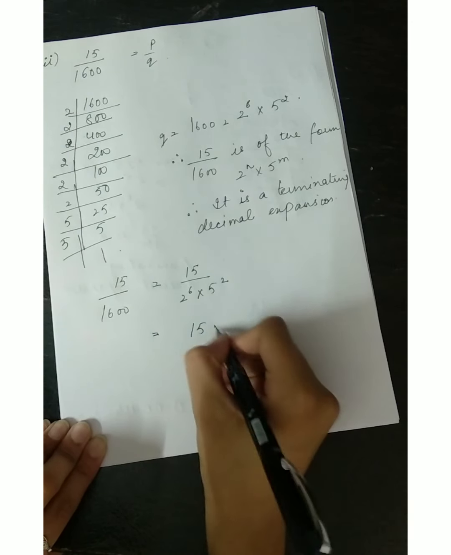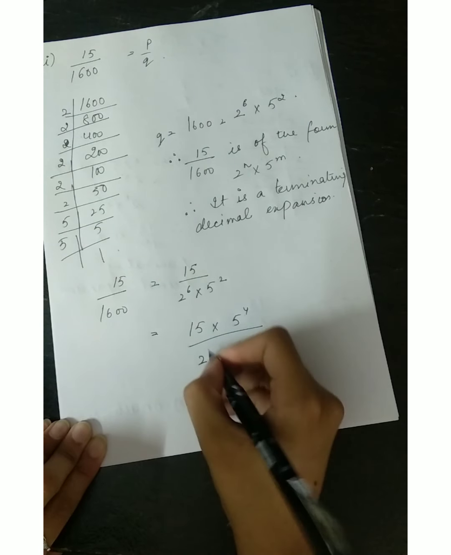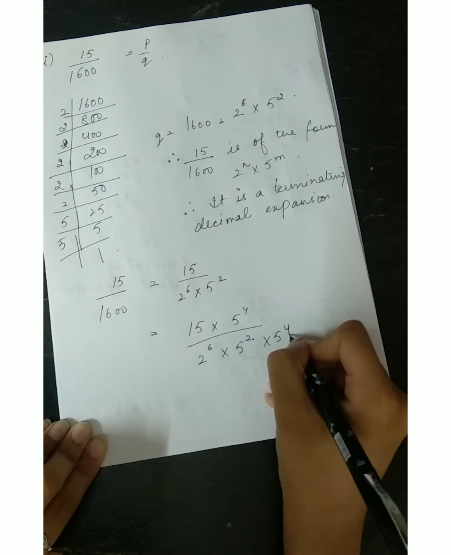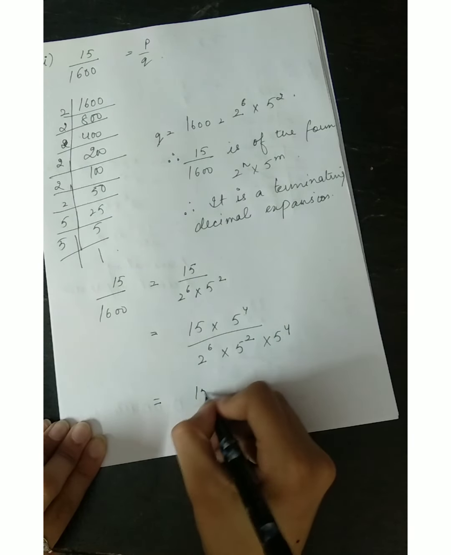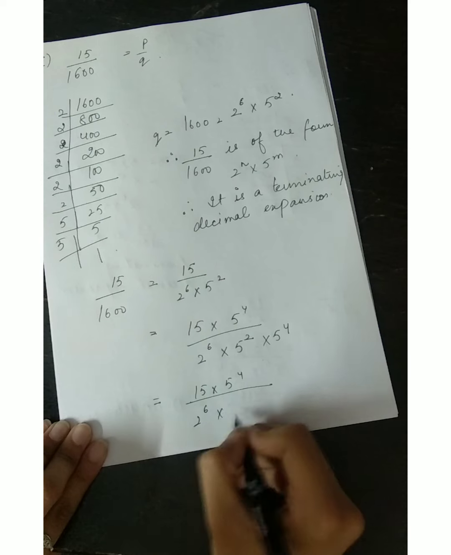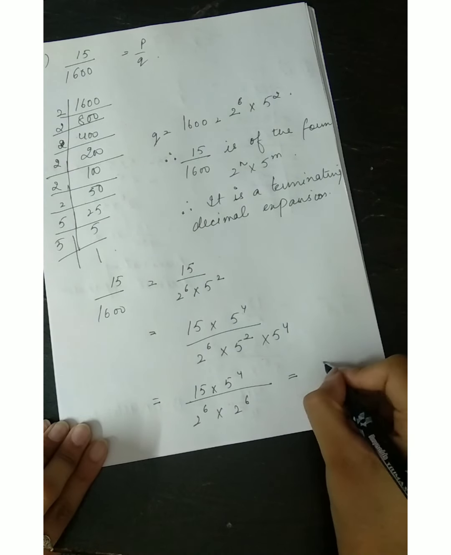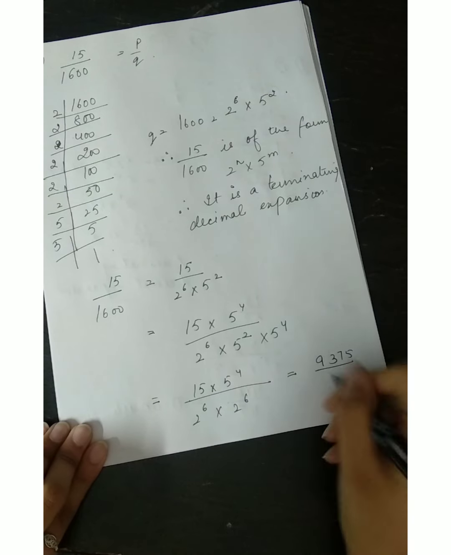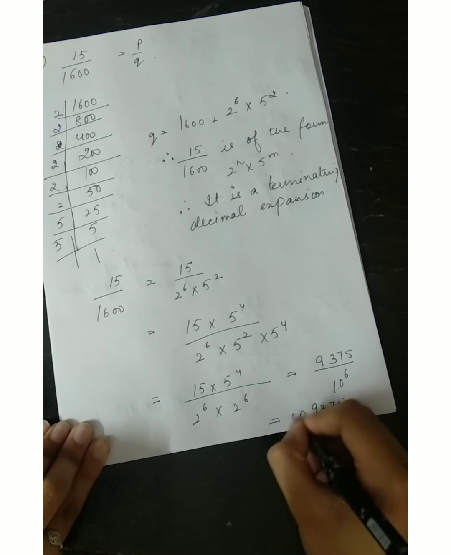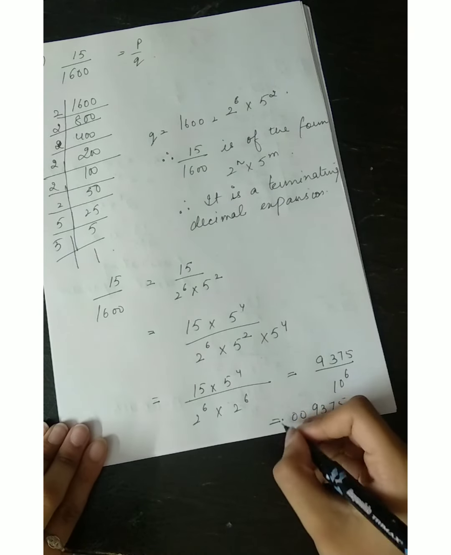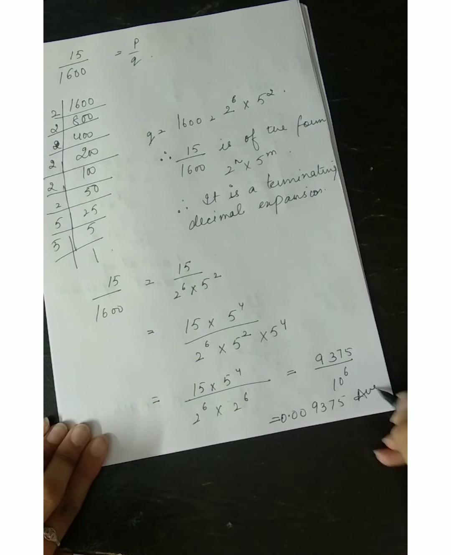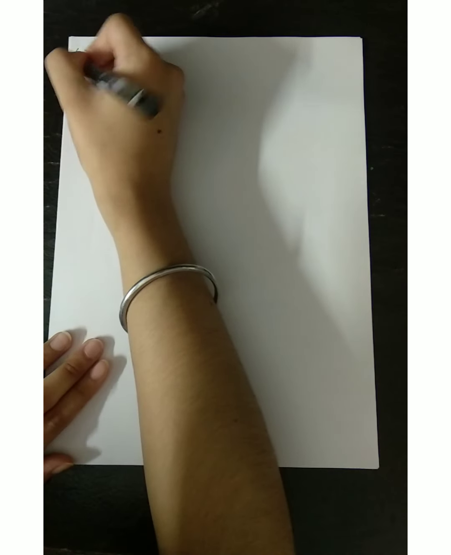Therefore, multiplying numerator and denominator by 5 raised to power 4, we get 15 multiplied by 5 raised to power 4 upon 2 raised to power 6 multiplied by 5 raised to power 6, which is equal to 9375 upon 10 raised to power 6. Therefore, 0.009375 is our answer.